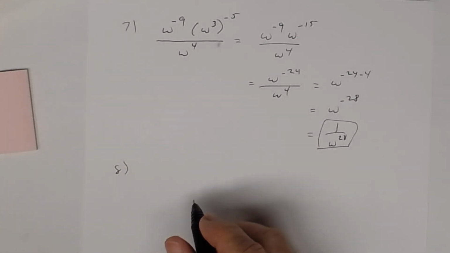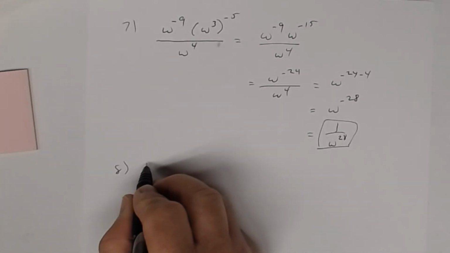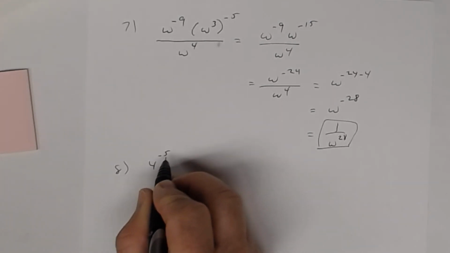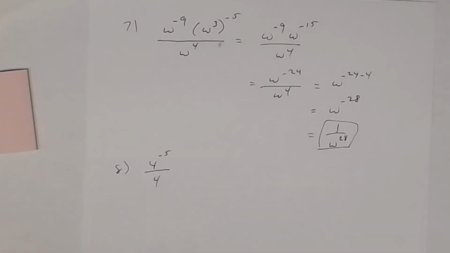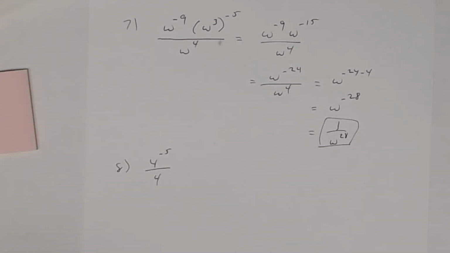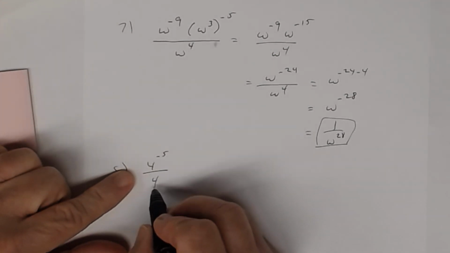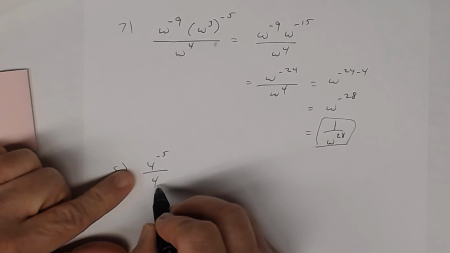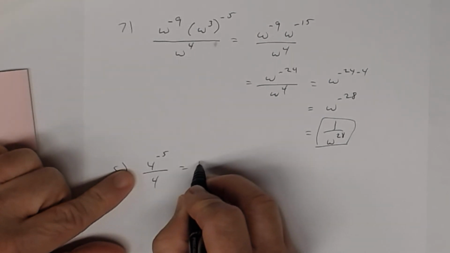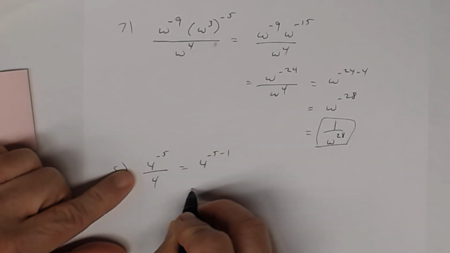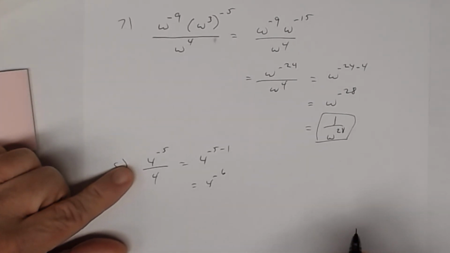So in number 8, let's say I have 4 to the negative 5th power divided by 4. Well, 4 to the negative 5th, now that one's easy compared to the others. You're going to do the same thing. When you divide like bases, subtract exponents. So that's 4 to the negative 5th minus 1, which is 4 to the negative 6, right?